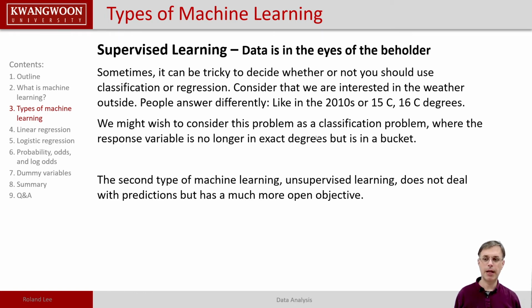And the second type of machine learning is the unsupervised learning that doesn't deal with prediction but has a much more open objective.